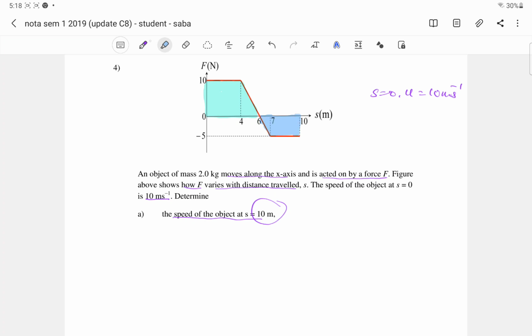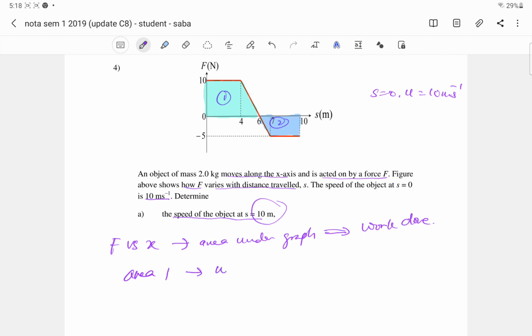So to find the area on the graph, F versus x is the area under the graph. Area under graph ni juga lah kita punya work done. So kita nak cari dulu area pertama dengan area yang kedua. Okay, so area yang pertama kita ada work done equal to half, 4 plus 6 darab dengan 10.